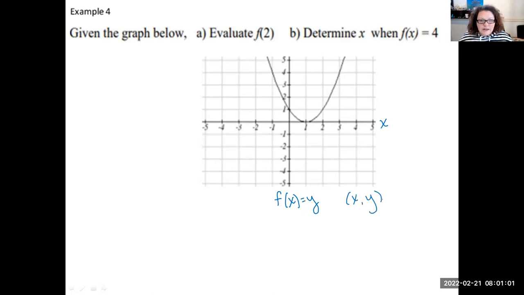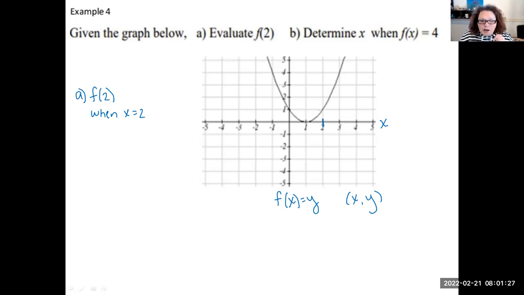All right, so they're telling us that F of 2, so I'm going to come over here, A is F of 2. So that means when X is equal to 2, what is Y? Well, I have to come along my X coordinate here and find 2. Here it is. Great, there's 2, but we need to find it on the line.